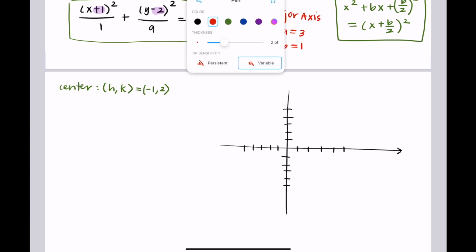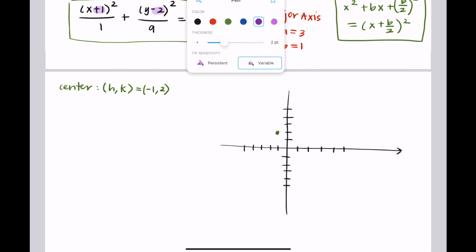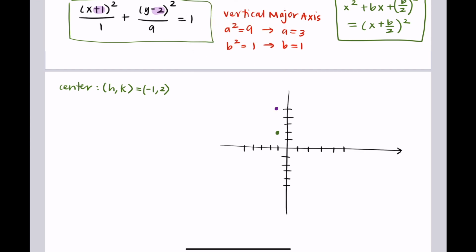So let's plot the center at negative 1, 2. Then we have a vertical major axis, which means that for our vertices, we would move up and down a units from the center. So we can move up 3 and down 3 for our vertices. So what would be the ordered pairs for those points?